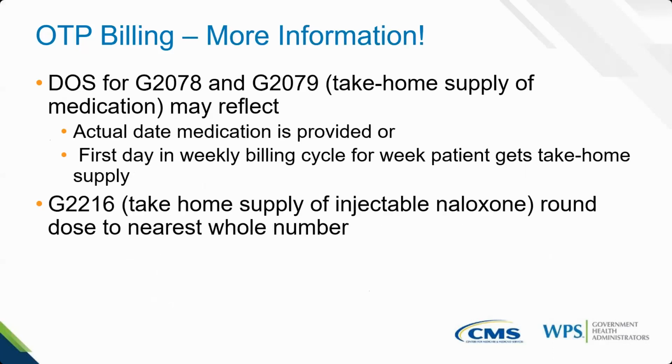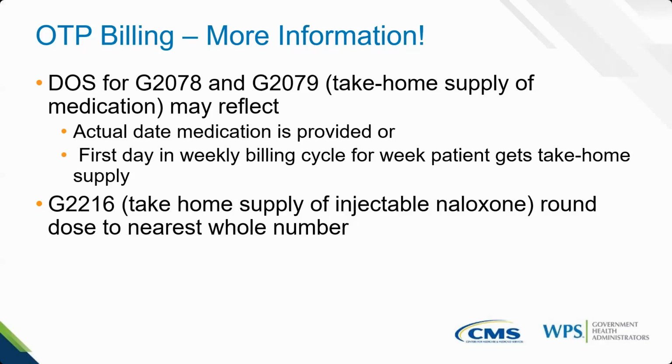All right, just a little bit more information here on our slide. So first, for G2078, this applies to a take-home supply of methadone, and G2079, this applies to the oral supply of buprenorphine. The date of service for these on the claims should reflect the actual date that the medication is provided or the first day in a weekly billing cycle for that week that the patient gets that take-home supply.